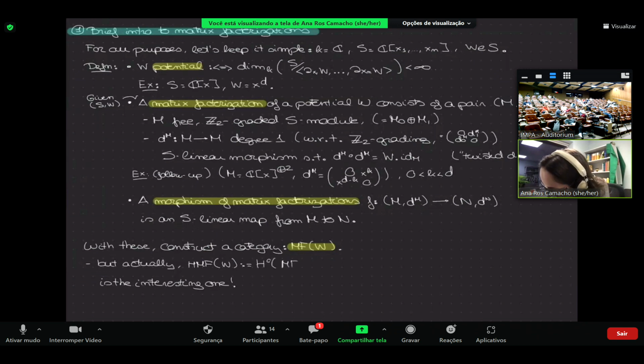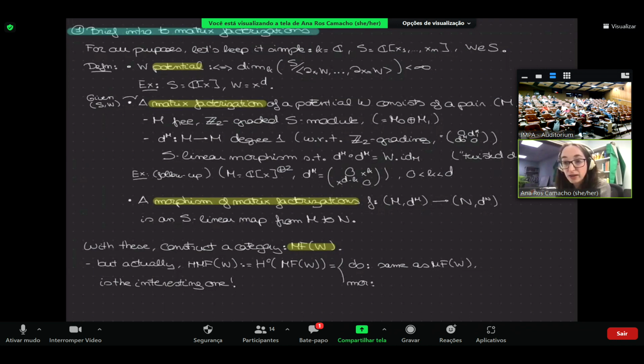And by this, let me be a little bit precise. My objects, I'm not going to change them. It's going to be the same as MF of W. So the fun is going to be at the morphism level.